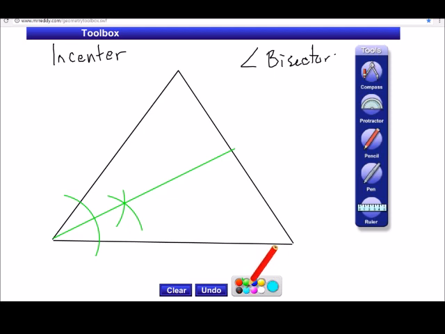And then we are going to do the same thing for the next angle here. Two intersection points, use the same compass setting, find the intersection on the interior of our angle, use our straight edge to draw the angle bisector, and we will do the same thing for our third angle here.